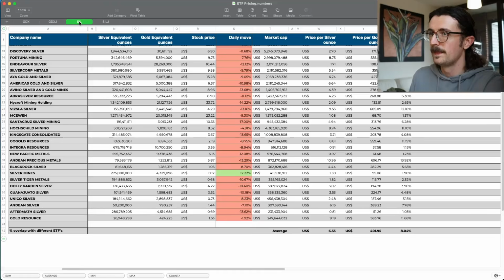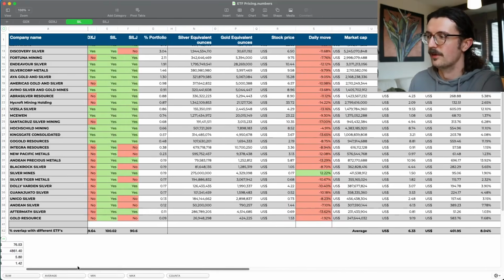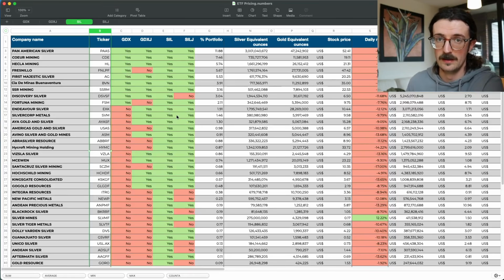So let's just go over to the SIL. So these are the stocks that are in the major silver miner index, the SIL. You can see them in column A right there. And you can see whether these stocks are also in the GDX and in the GDXJ and in the SILJ. And I haven't said this before, but this is the percentage of the portfolio.